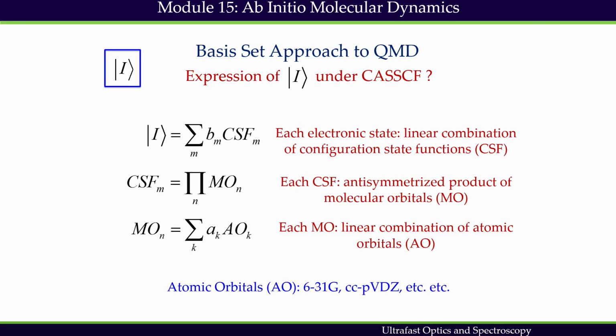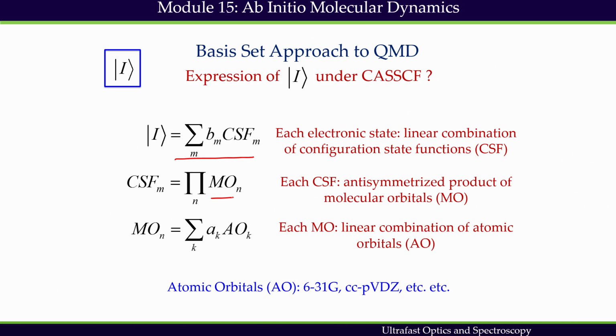The hierarchy in the CAS-SCF method is the following. In the CAS-SCF method, each electronic state is expressed by a linear combination of configuration state functions, each configuration corresponding to a configuration state function. So we take the linear combination of the configuration state functions. Each configuration state function is an antisymmetrized product of the molecular orbitals.